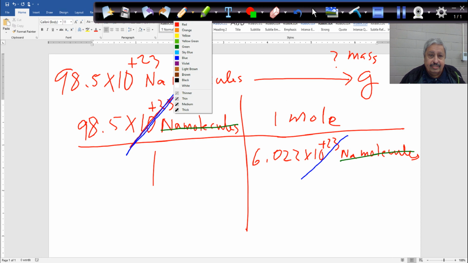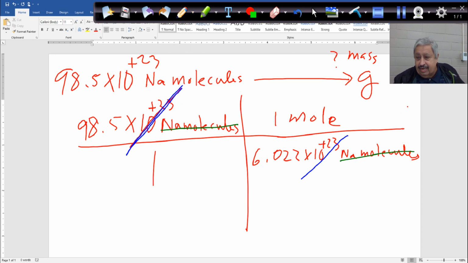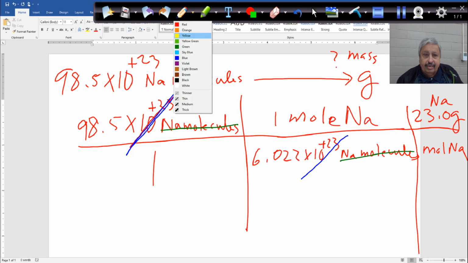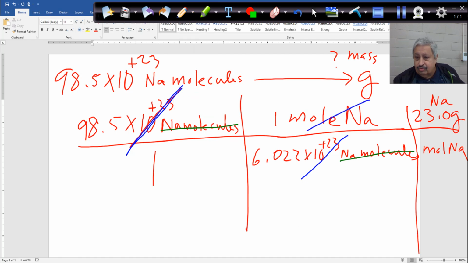Next is to multiply, according to the rule, by the atomic mass of sodium, grams of sodium per mole. So the mole of sodium cancels out.